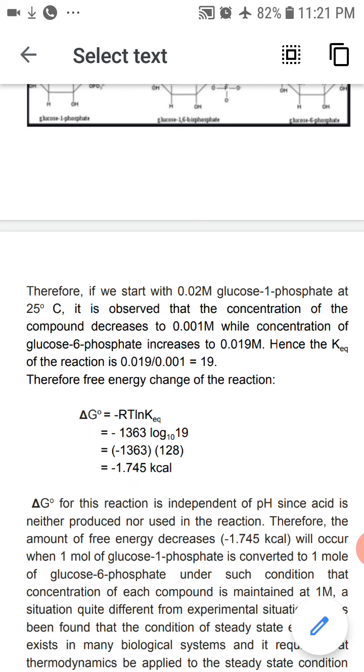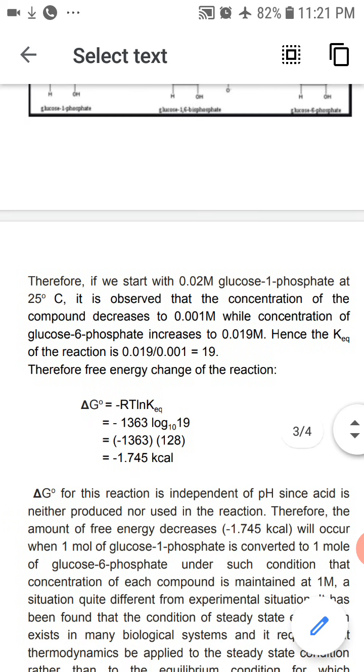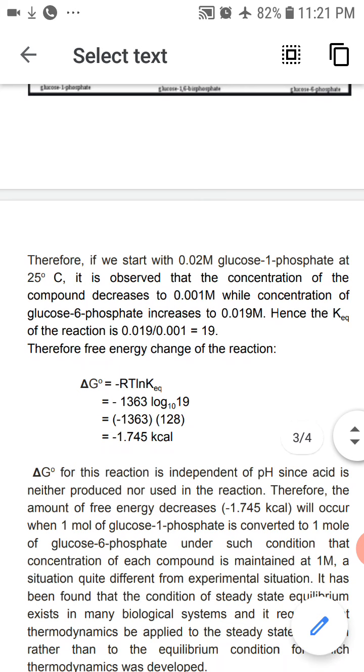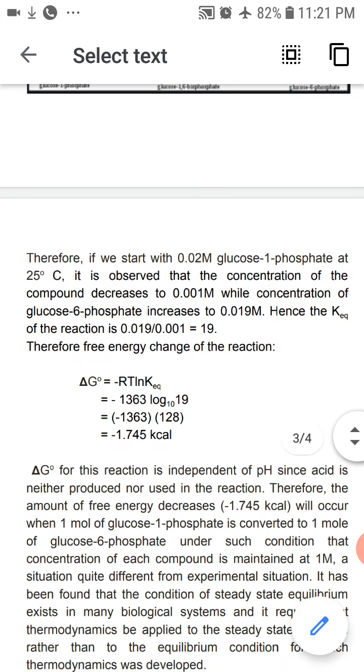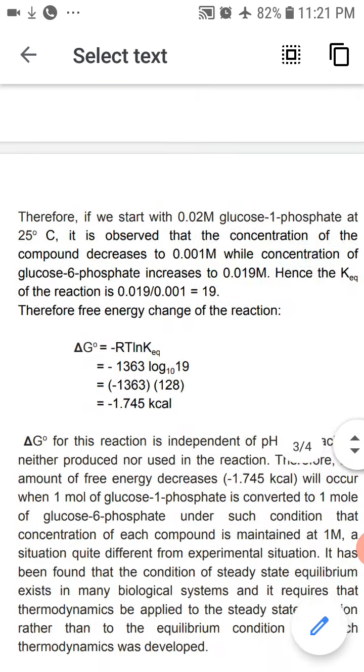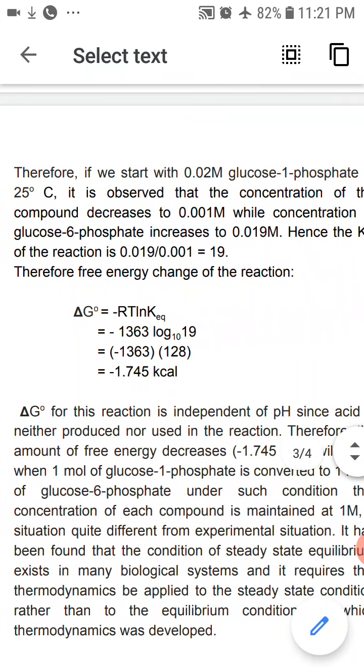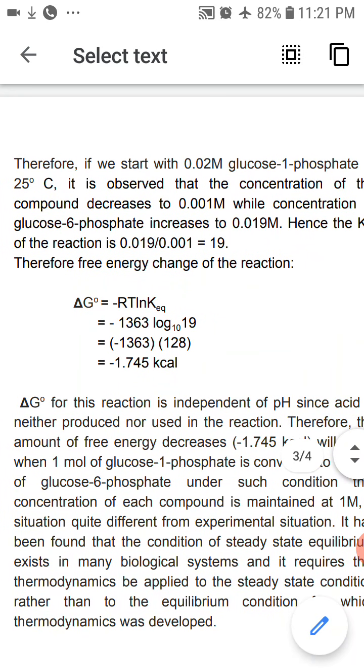Therefore, putting the value of equilibrium constant, we get the value minus 1.745 kilocalorie. And delta G here for this reaction is independent of pH, since acid is neither produced nor used in this reaction.